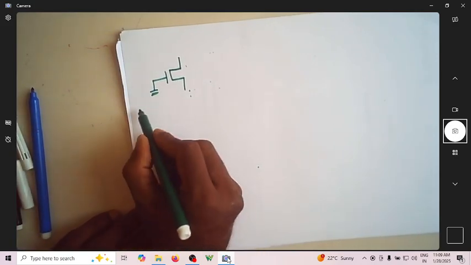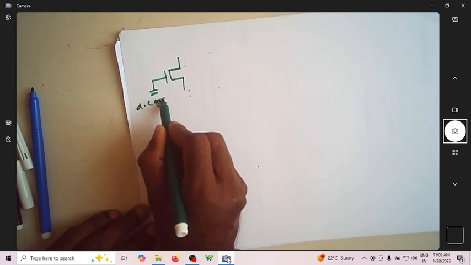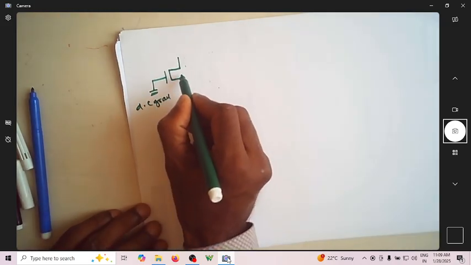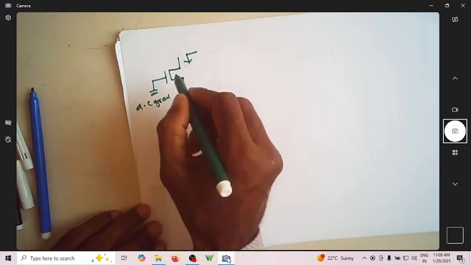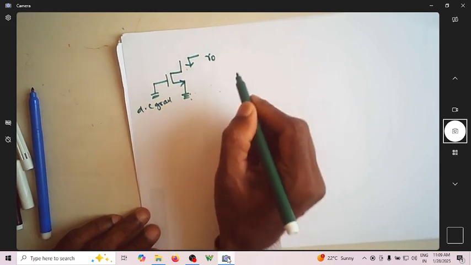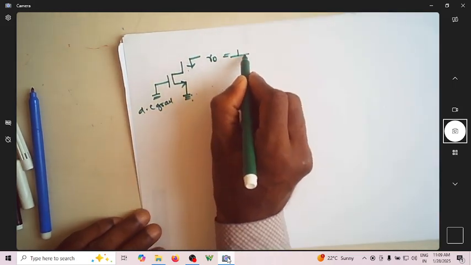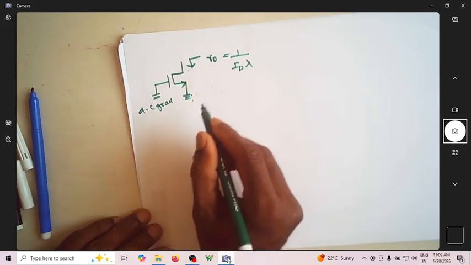When I say grounding, this should be AC ground. The gate is AC grounded, and the source is also AC grounded. If you look from the drain, the resistance is R naught, where R naught is given by 1 over ID into lambda.